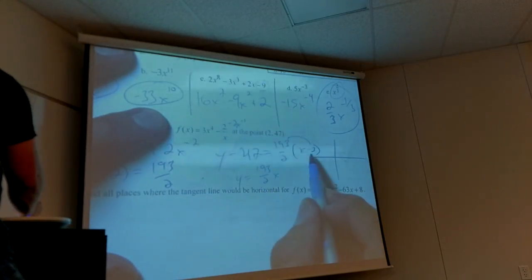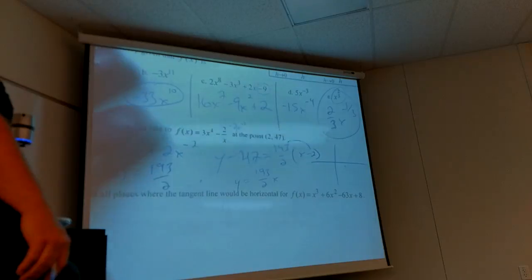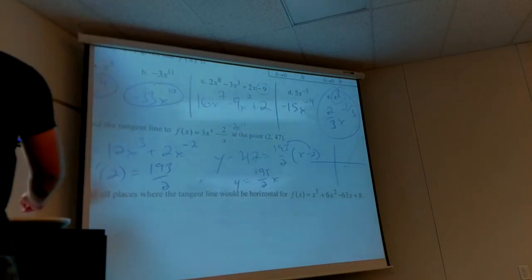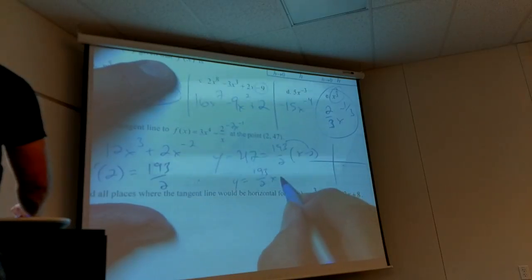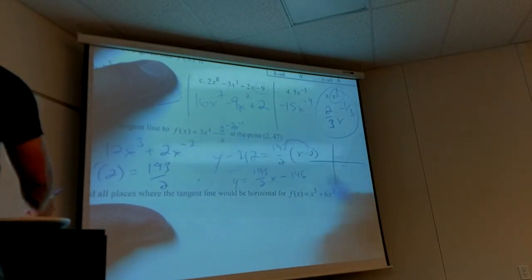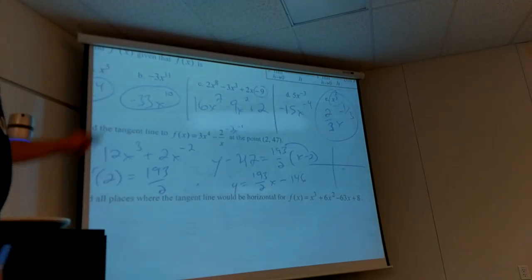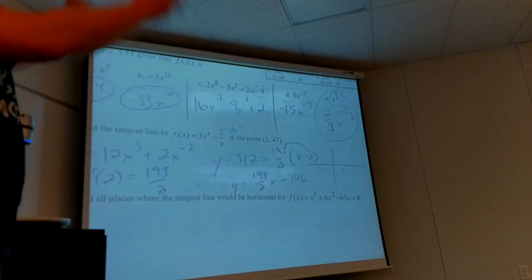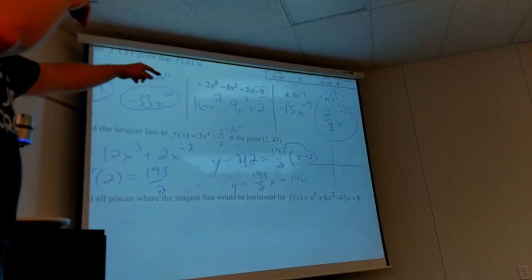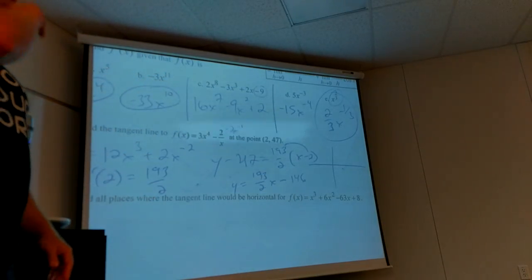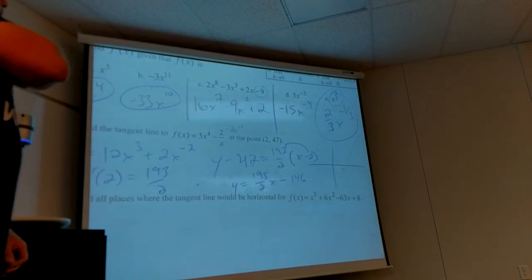Multiply these, you just get minus 193 plus 47 is 146, I think. Is that true? Minus 146. Is that cool? You bring the 193 over 2 in, the 2's cancel for the second part, that's awesome. Yes, yes, yes? Okay.